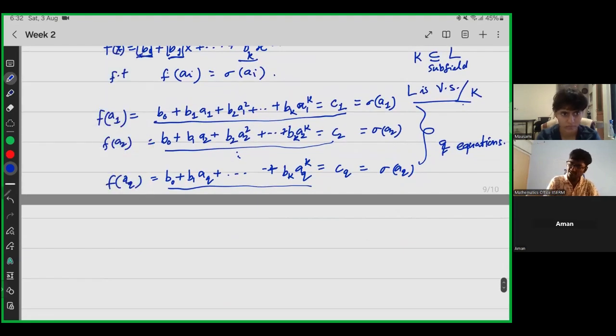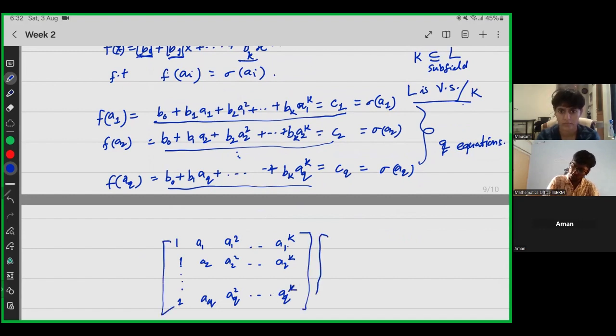But this system of linear equations can be written as the matrix with rows 1, a1, a1 square and so on up to a1 power k; 1, a2, a2 square and so on up to a2 power k; and the last row 1, aq, aq square, up to aq power k, multiplied by b0, b1, up to bk.